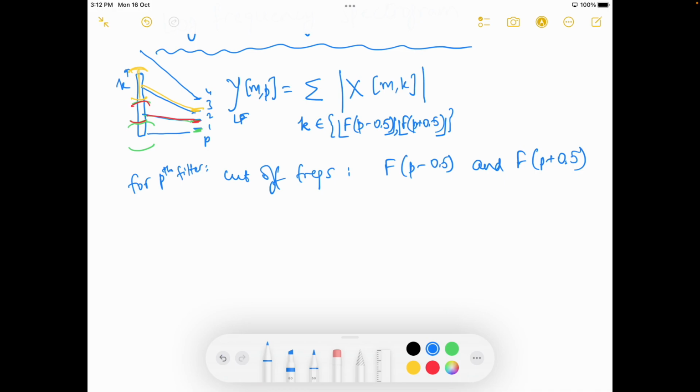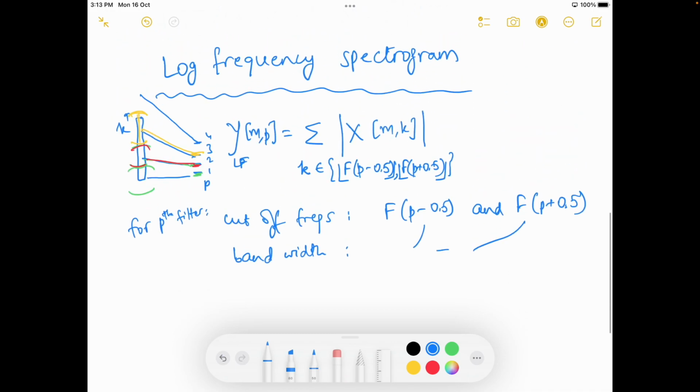What is the center frequency? F of p is the center frequency. Right? And what is the bandwidth? Simply the difference of the two, right? So the higher minus lower, that difference is the bandwidth. Is this concept clear?